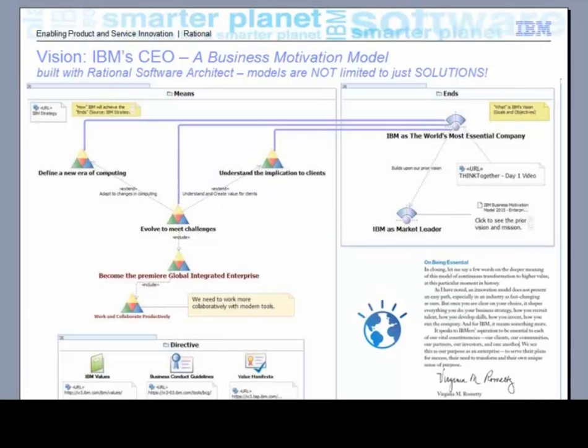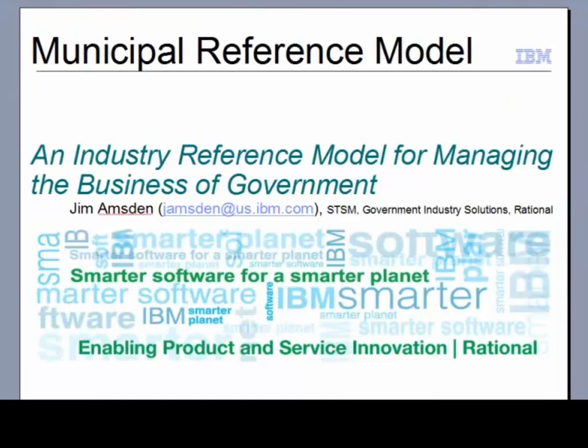But again, the diagram really helps communicate out the simplicity of the design, in this case, again, what IBM's go-to-market model looks like. So that helps us segue then further into another approach for managing the business of government.